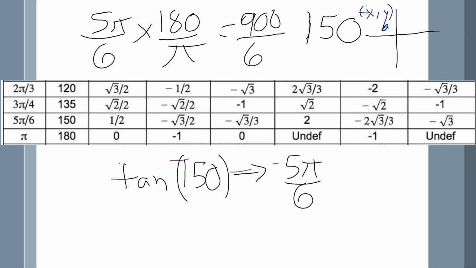Anything with pi over 6 is 30 degrees, and tangent is sine over cosine. So that means I have to know both sine and cosine. So cosine for 30 degrees is going to be square root 3 over 2, and sine is going to be 1/2. All right? So we got that situated. Now we got to finish it up.